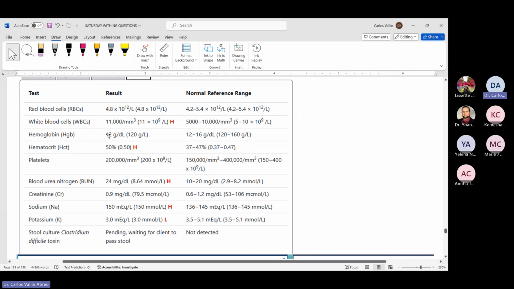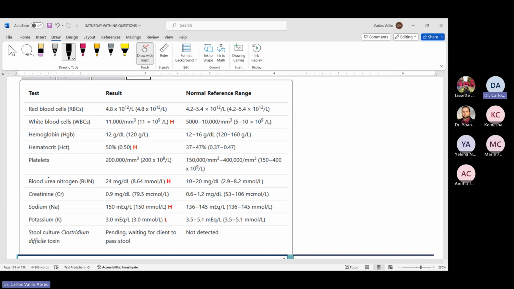If you multiply the hemoglobin times 3, you have 36, but the hematocrit is 50%. So this hematocrit is increased. We should note that in dehydration, the hematocrit increases beyond proportion with the hemoglobin. Any one of you that doesn't know that should be aware of that. It's very useful to diagnose dehydration.